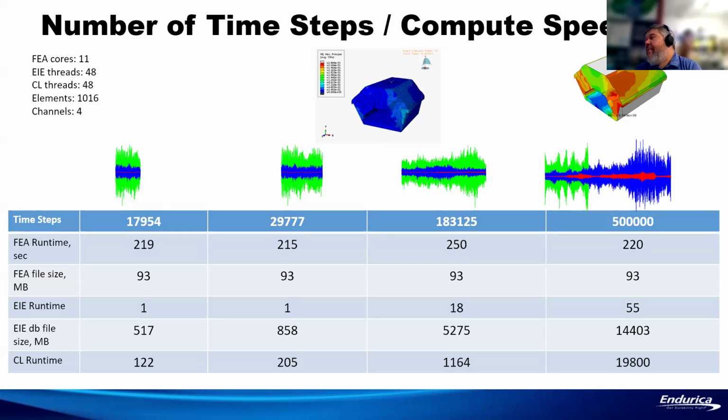For the 20,000 time steps, we're running in about 2 minutes for this benchmark. For the 500,000 time steps, we're running in about 20,000 seconds, which is something like 6 hours for this example.